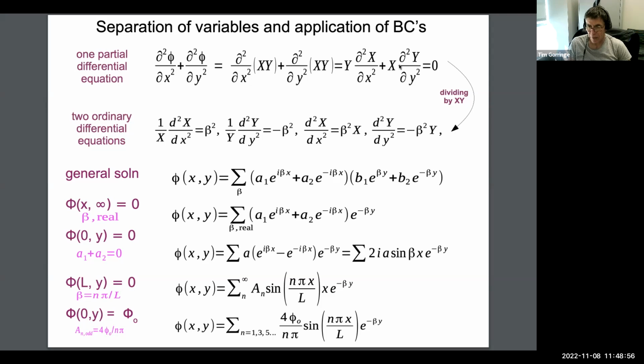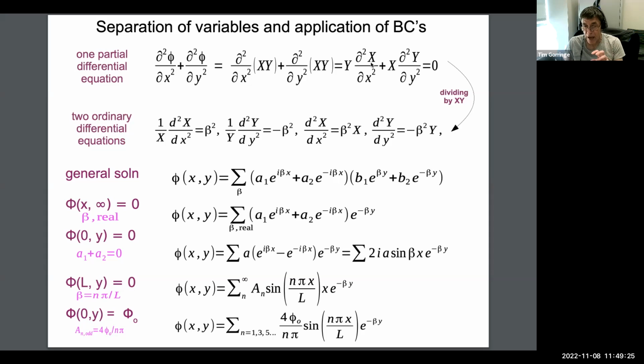For the second term, if I divide by the product of X times Y, then this second term is going to be 1 over Y times the 2nd-order partial differential of Y. It only depends on y. So by dividing by X times Y, I make the first term just a function of x, the second term just a function of y. That means an important thing.